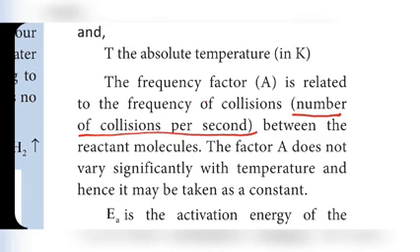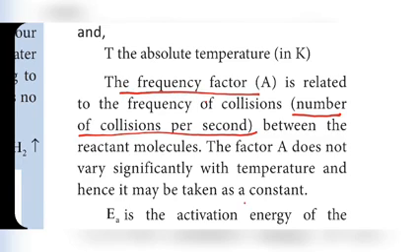For each second, how many collisions take place between reactant molecules A and B, that is the number of collisions per second. So Arrhenius frequency factor A is related to that number of collisions per second.